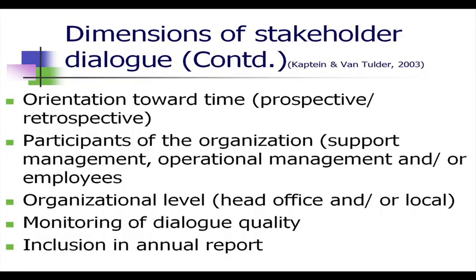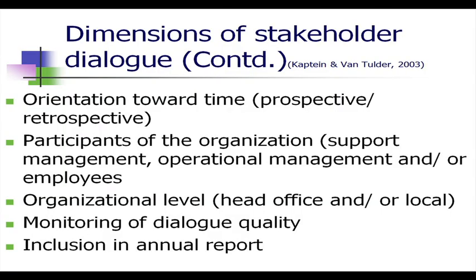Okay. Participants of the organization: support management, operational management and or employees, or the community who are going to participate from the side of the organization. Organizational level, head office and or local. Monitoring of dialogue quality. Who is going to monitor the quality of the dialogue? Who is going to monitor the direction the dialogue takes?